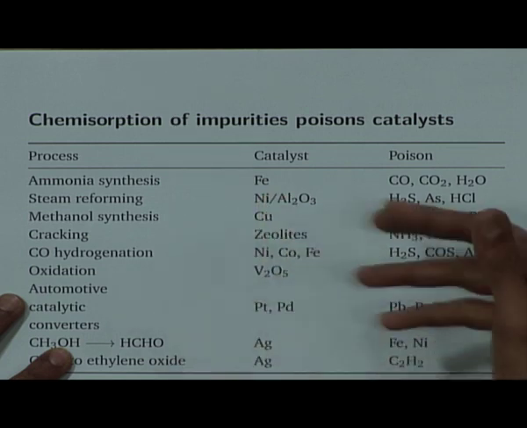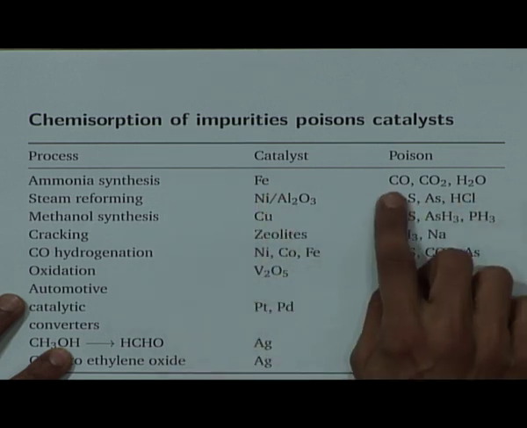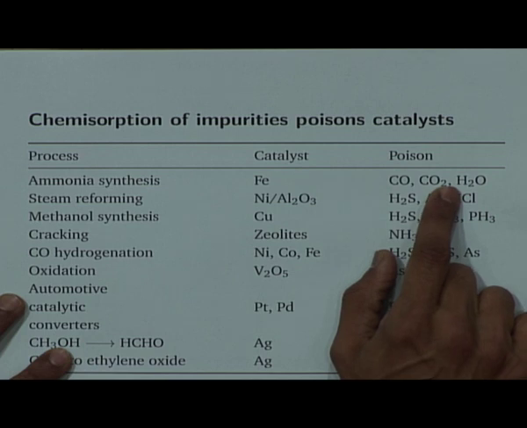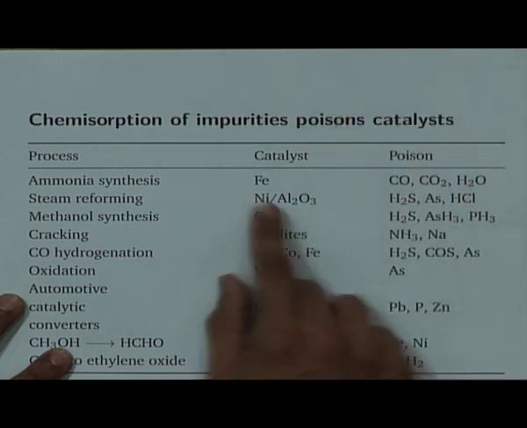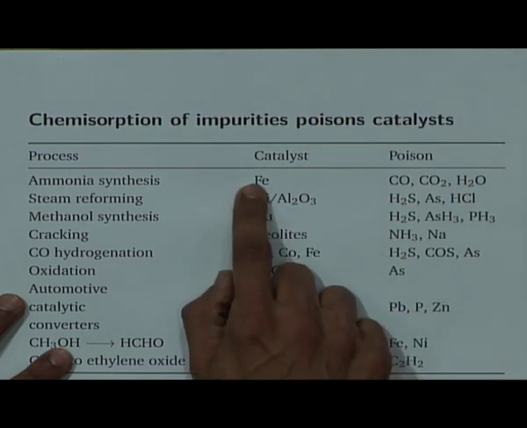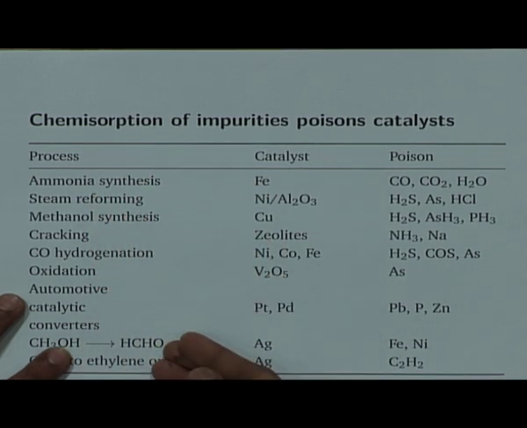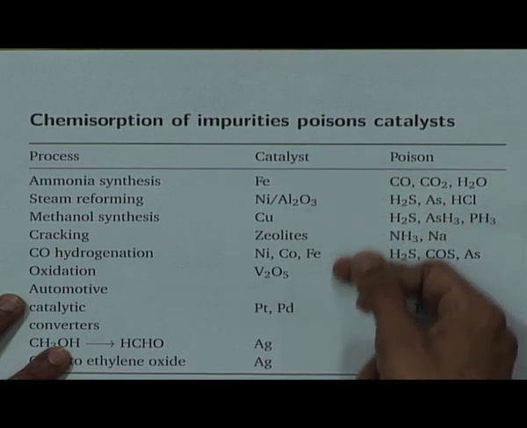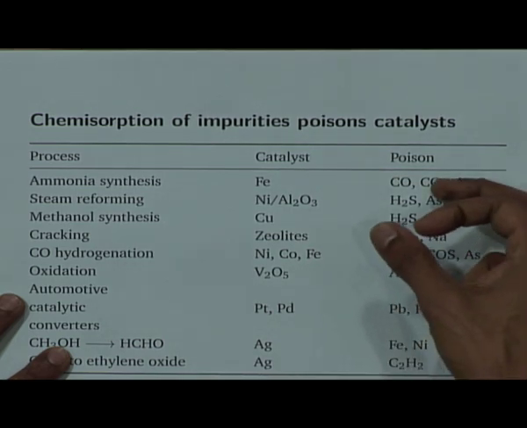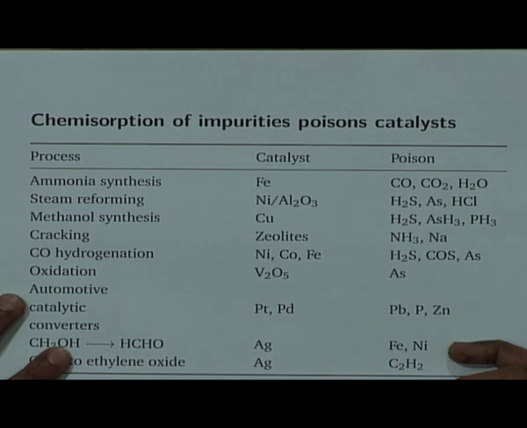So, your reactants have to be so purified such that these do not figure in the input stream to cause poisoning of this. And I have listed here various chemical processes, the catalysts that are used here and the kinds of impurities that do affect the rate of the reaction, right.